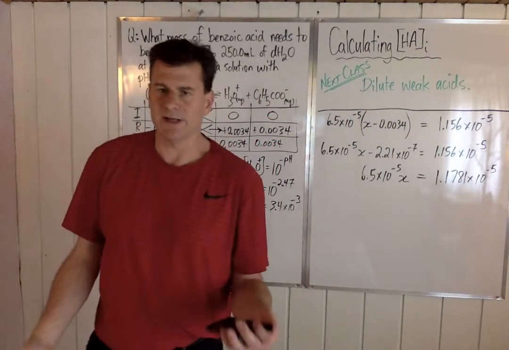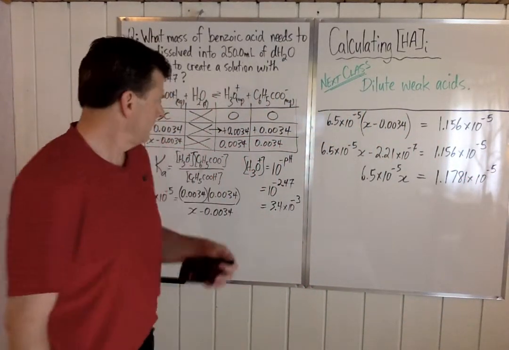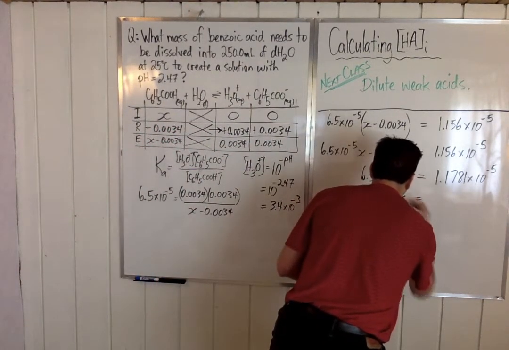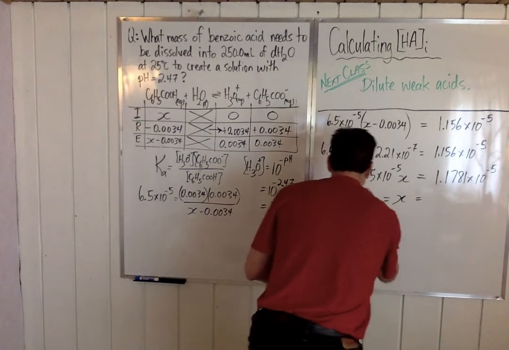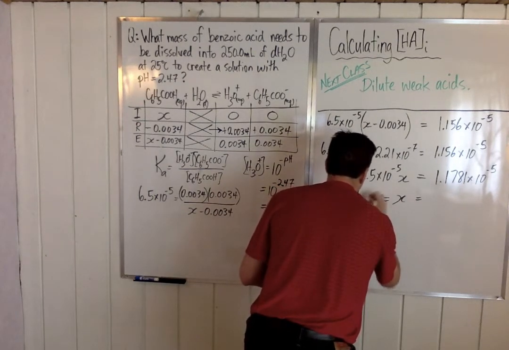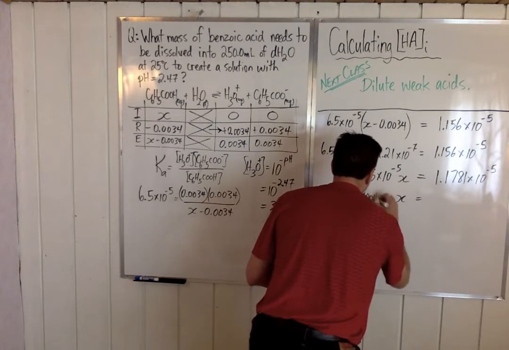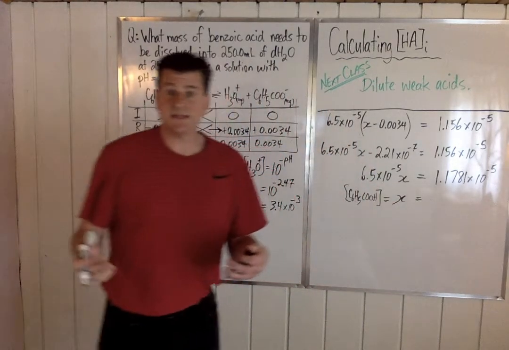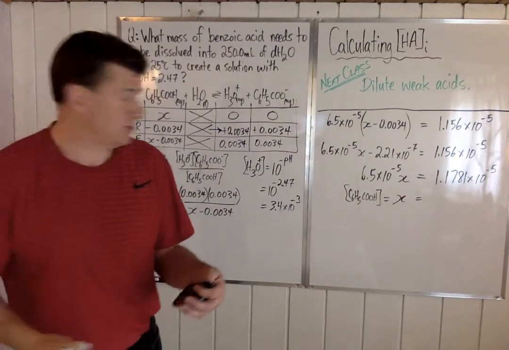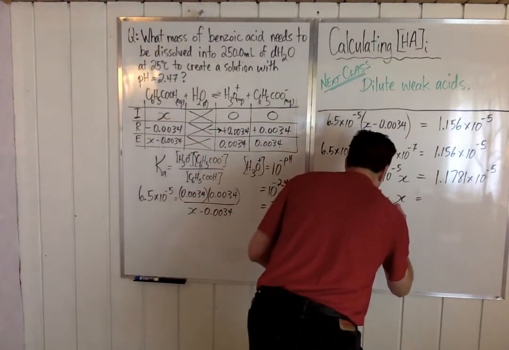And now I'm dividing by 6.5 times 10 to the negative 5. So x equals, which is the initial C6H5COOH. So x is my initial C6H5COOH. Okay, and that's what this value is going to be.